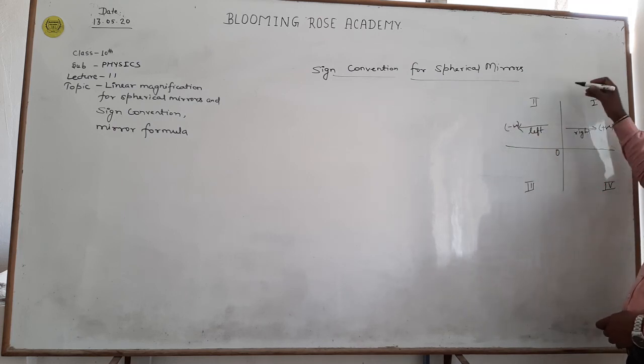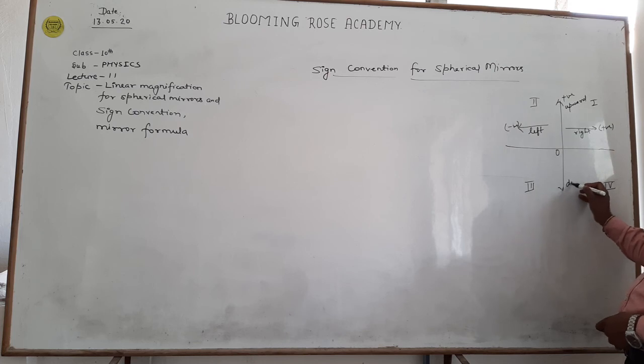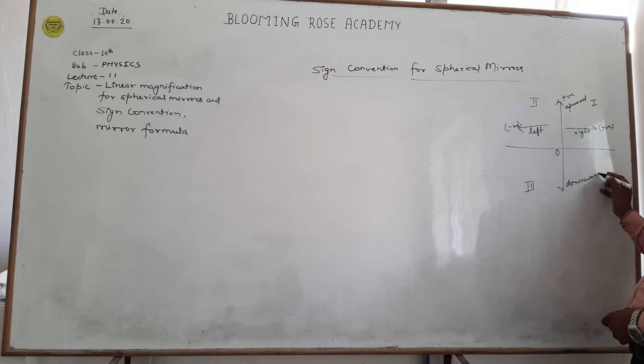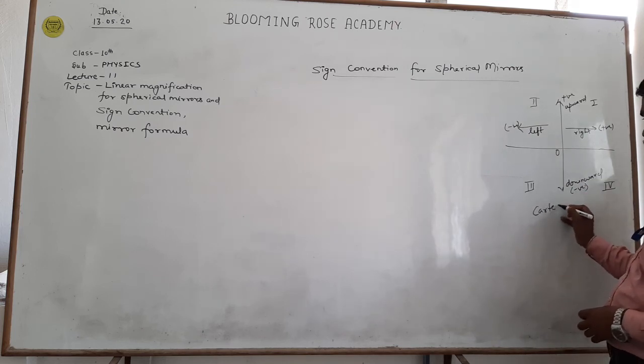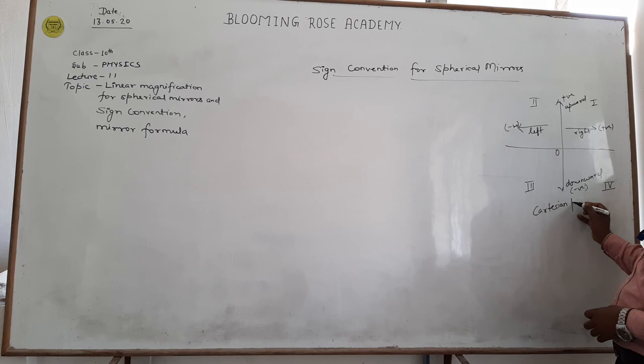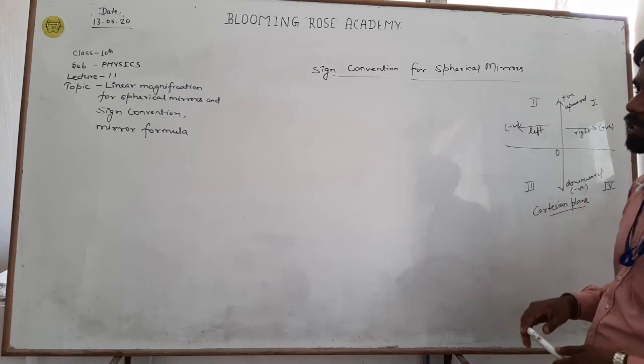When we go upward the sign is positive, and when we go downward we take the sign as negative. This is the Cartesian plane and the sign convention in the Cartesian plane which you read in mathematics.